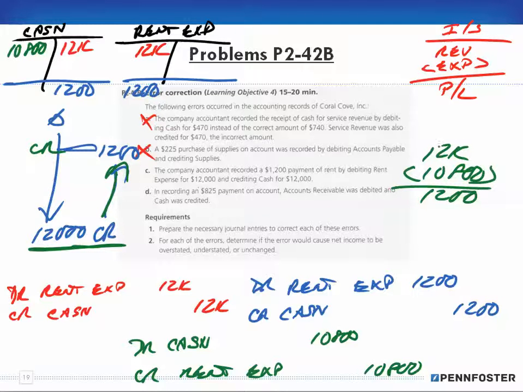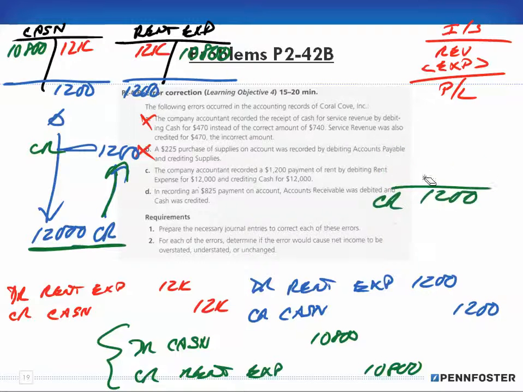And since the 12,000 is a credit, that's greater than this debit, which gives me a credit of 1,200, which is what I need. So my entry has to be a debit to cash for 10,800, and since debits have to equal credits, I credit my rent expense for 10,800. That's how I arrive at my journal entry.